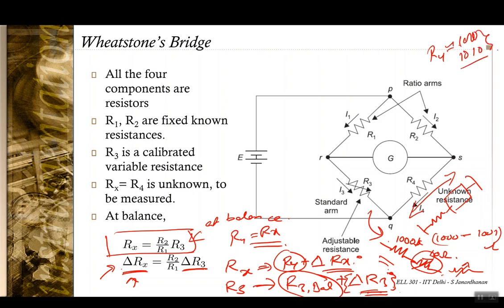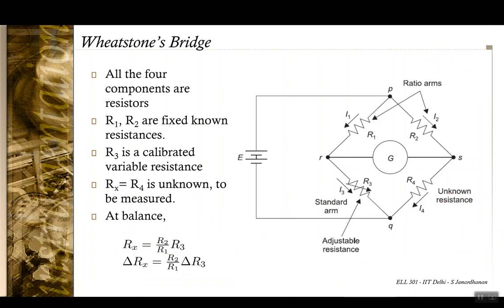There is only a 1% variation in R4, but I want to precisely capture that, and that can be captured in this manner. Hope that clarifies how the unknown resistance or the standard arm can be modified so that the maximum advantage of the sensitivity can be taken.